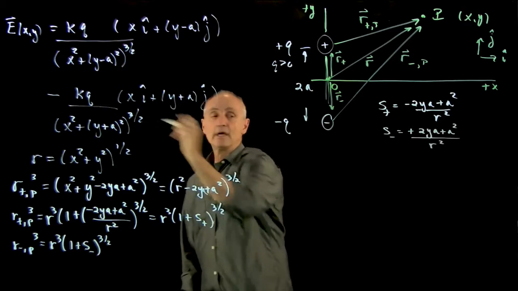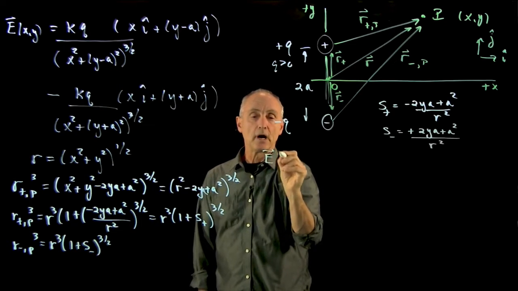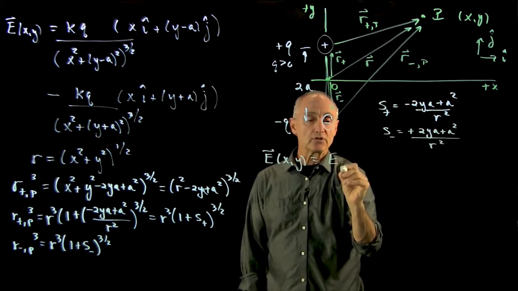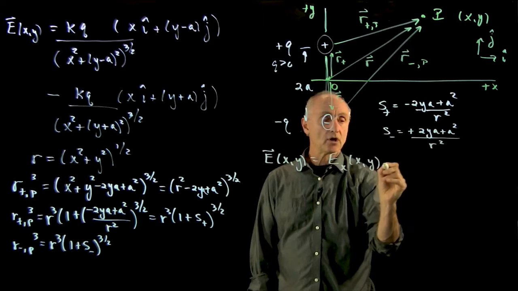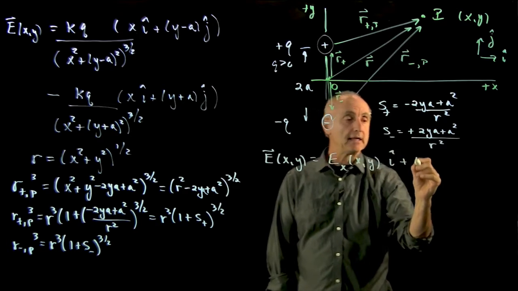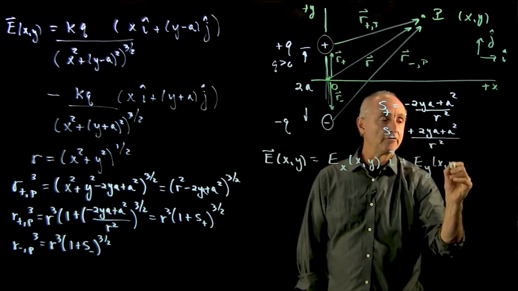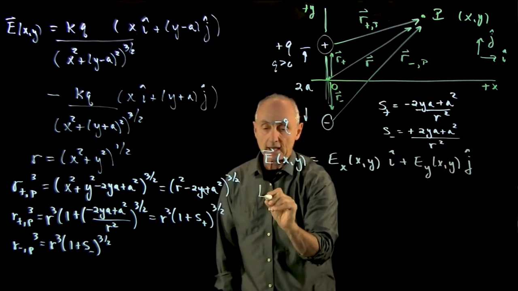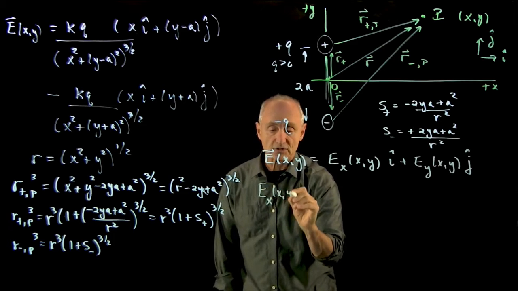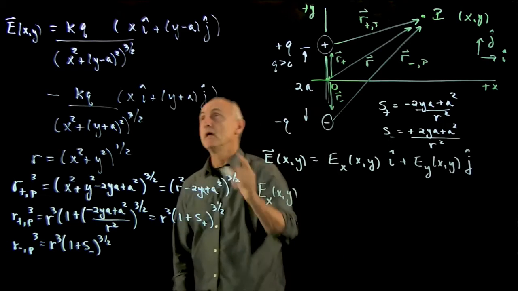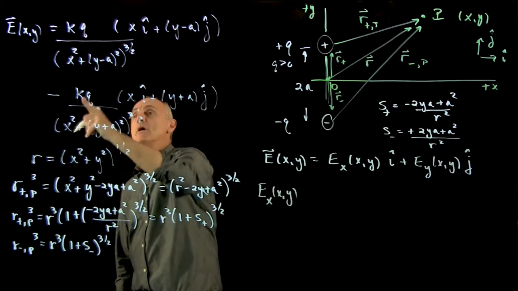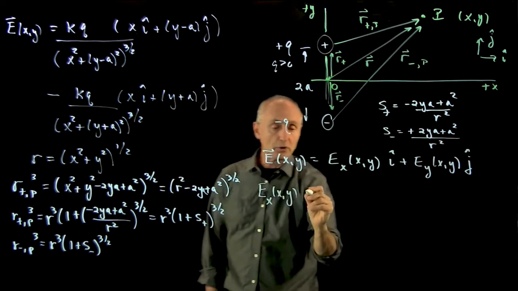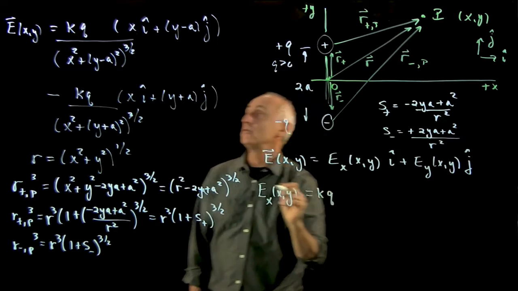But now what I'd like to do is write my electric field as a vector field, so it has an x component function and a y component function. I'd like to treat each of these component functions separately and get expressions for them. So let's start with the x component function. I'm taking this first term, subtracting from that the second. We see both terms have our constant kq.